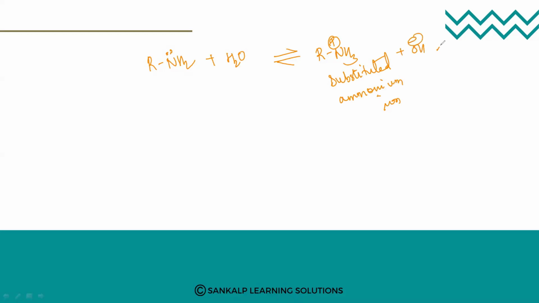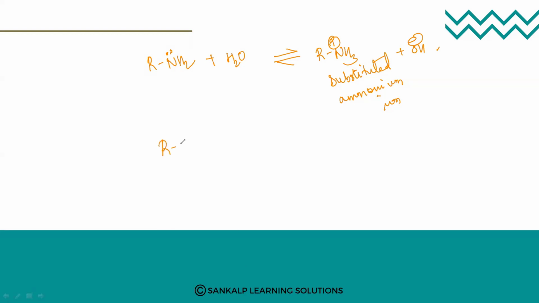The basicity of amines depends upon the ease of formation of cation by accepting a proton from the acid. The more stable the cation, the more is its basic character.